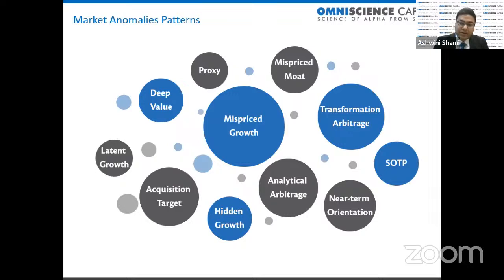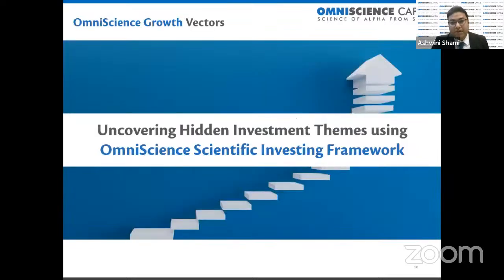Maybe sometime else we can spend time on this. But because there are anomalies in the market, you can still find mispriced growth opportunities which are still fundamentally strong. So this first part covers what we generally talk about in the scientific investing framework.